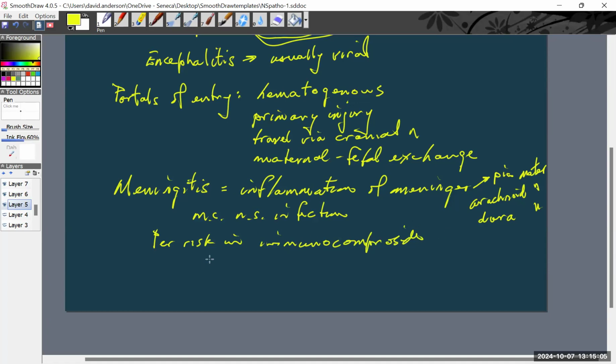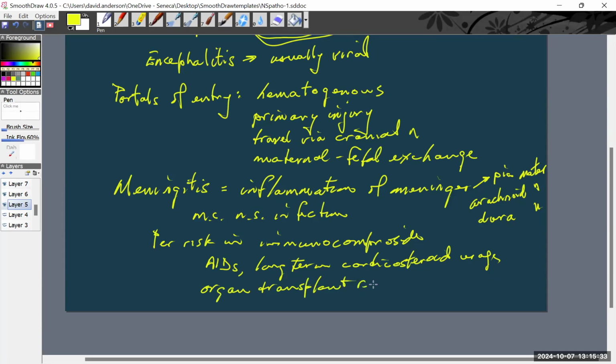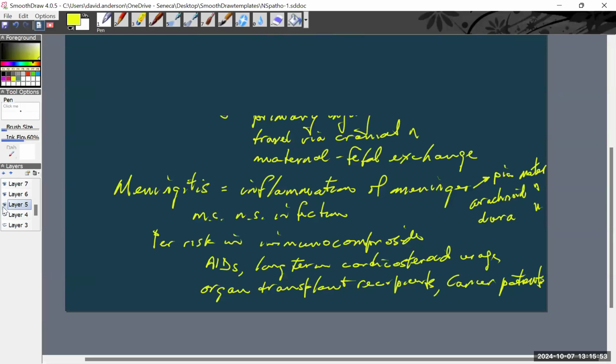So traditionally, we think about patients who've acquired immune deficiency, long-term corticosteroid use, organ transplant recipients, cancer patients, all examples of those who could be immunocompromised for any of those possible reasons and others.